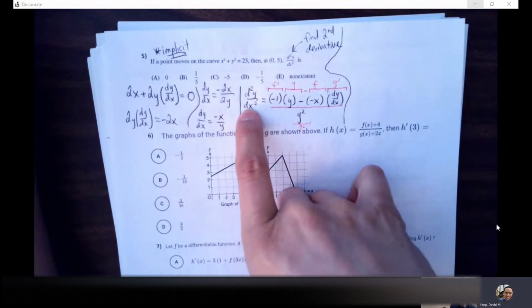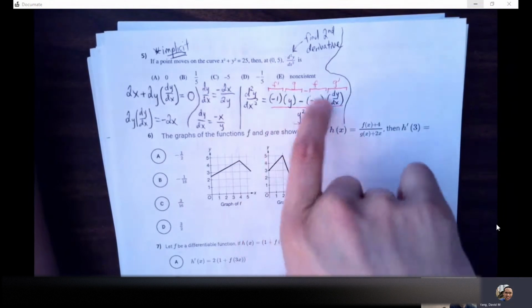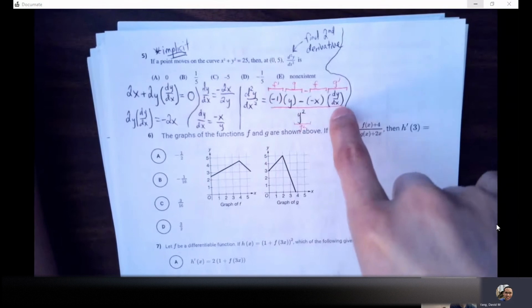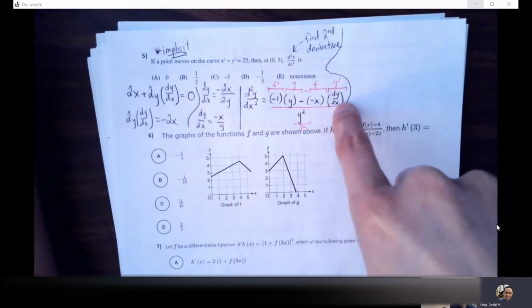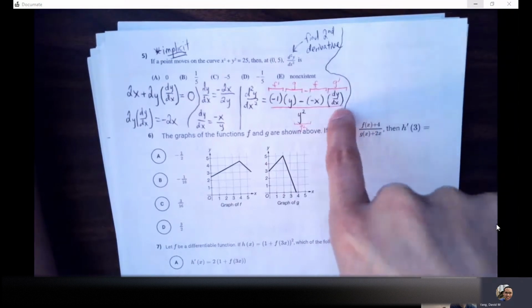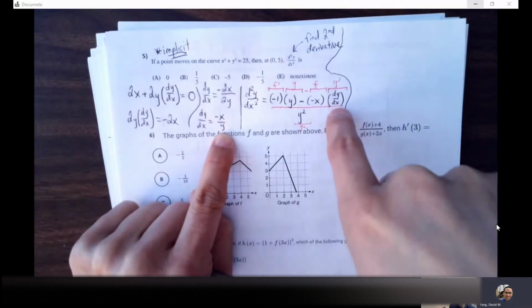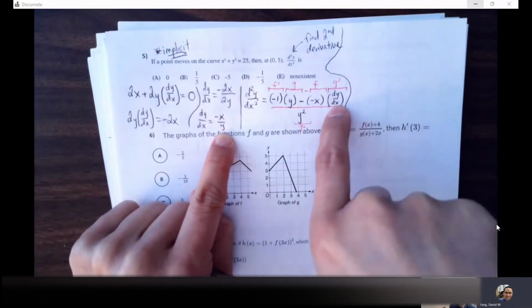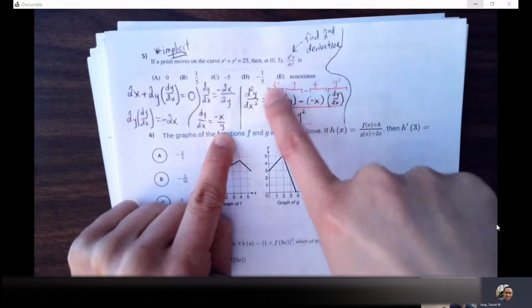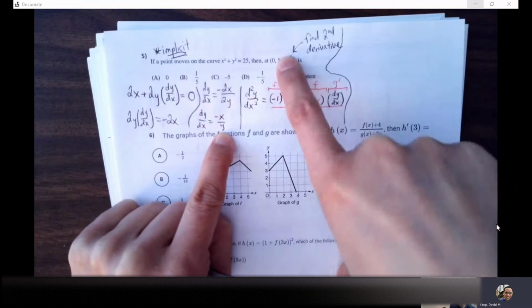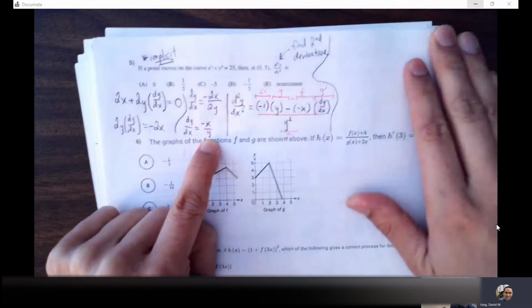Okay, we need to be able to enter in a value. We have a replacement for x's and y's, but what to do with that dy dx? Well, if we look, we have something that can represent dy dx, right? We have that negative x over y. So I'm going to insert that negative x over y into that dy dx and see if I can get this a little bit cleaned up, and then replace all the x's and y's with 0 and 5.